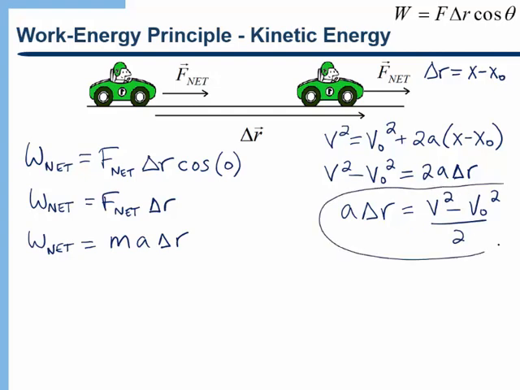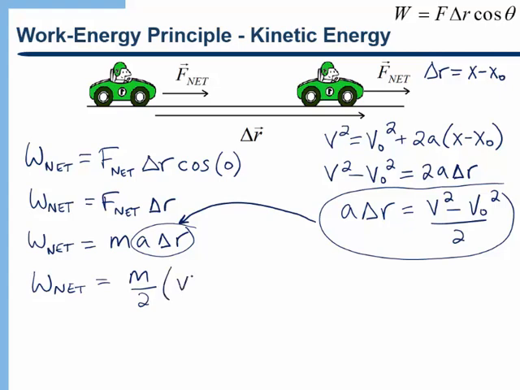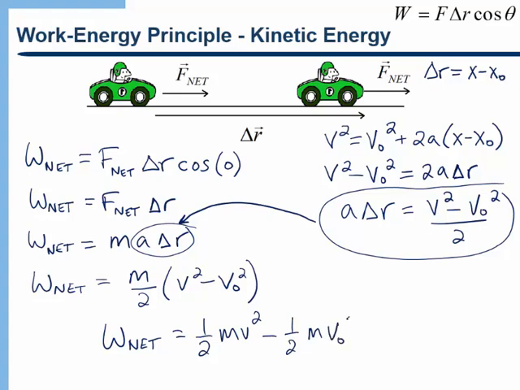I'm going to now take that and plug it in for a delta r. So we get that the net work done is equal to m over 2 times (v squared minus v naught squared). I'm going to rewrite that as the net work is equal to 1/2 m v squared minus 1/2 m v naught squared.